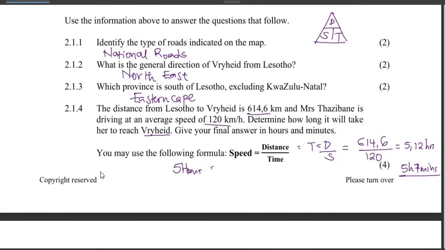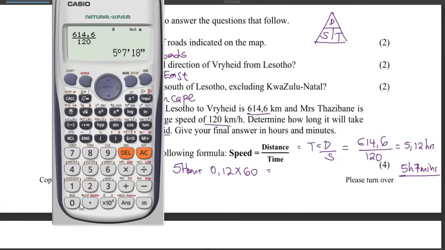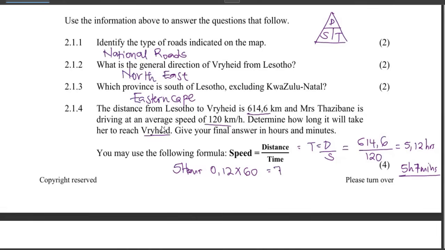Remove the 5 hours, remain with 0.12, change it to minutes by multiplying by 60. 0.12 times 60 gives 7.2, but these are minutes. So how many full minutes? We have 7. All right, let's continue.